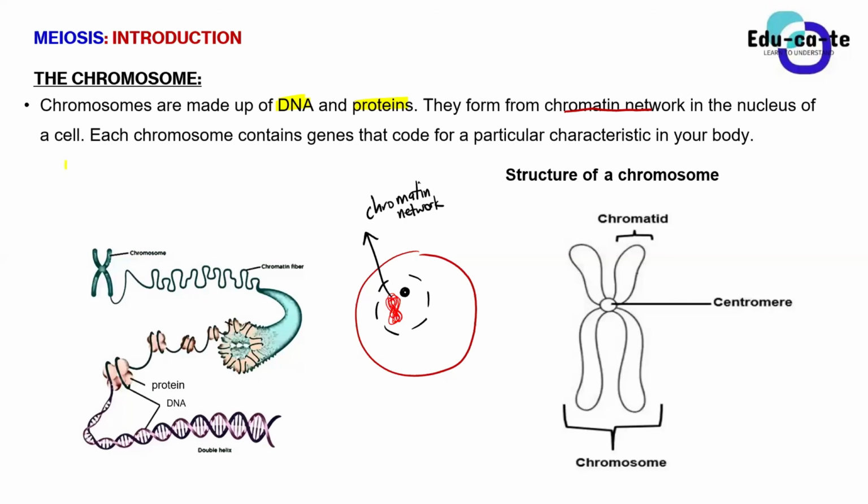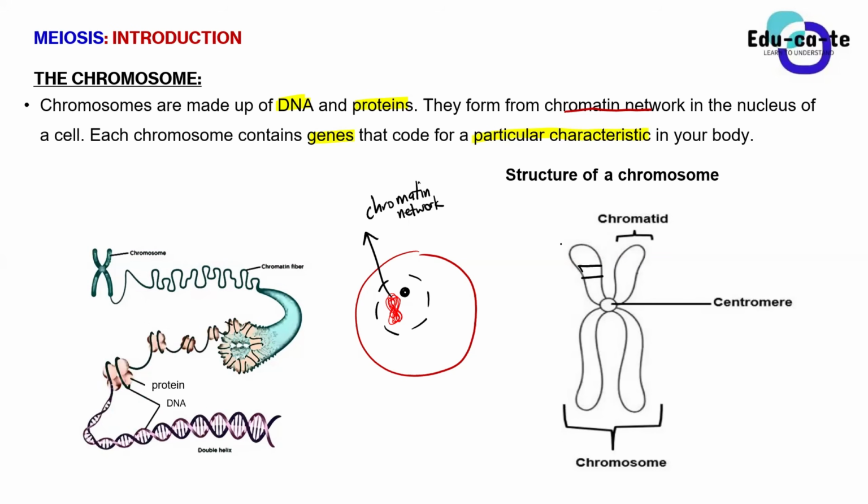Yes, sir. Alright, so each and every chromosome contains genes on it, and these genes code for particular characteristics in your body. Why do we need to study these chromosomes, guys? Because a section or a small piece of DNA that is found on a chromosome is known as a gene. We've been talking about genes quite a lot, guys.